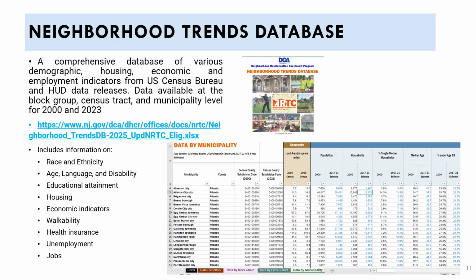It contains information on race and ethnicity, age, language, and disability, educational attainment, housing, economic indicators, walkability, health insurance, unemployment, and jobs. So this is a good one-stop shop for collecting census and other federal data at the municipality, census tract, and block group levels within a single spreadsheet.